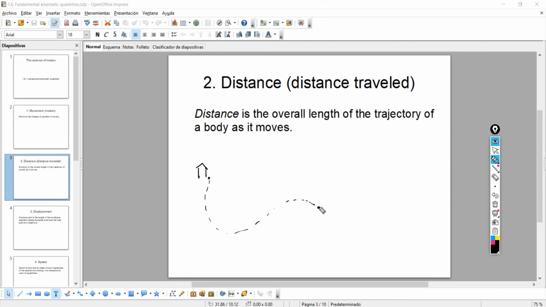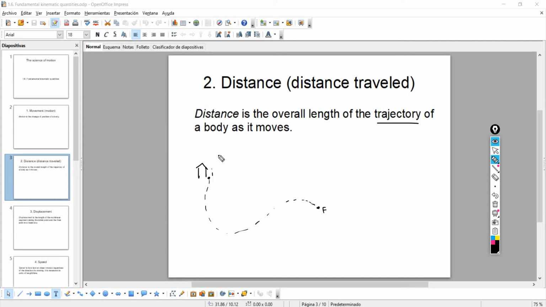That's it, and it's gonna end right there. So this is the initial point. This is the final point of this line that we call the trajectory, la trayectoria. This is the trajectory of your moving object.